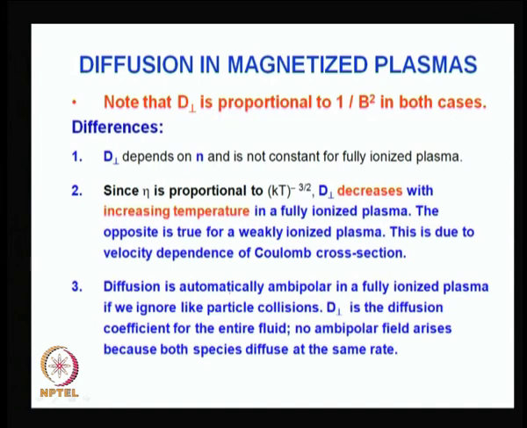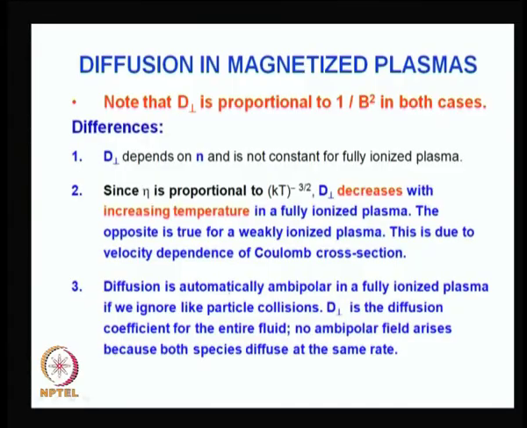Let us compare quickly the D perps in both cases. You will note that they are proportional to 1 upon B squared. So, as you increase the magnetic field, diffusion across the field is reduced. However, the difference is that for a fully ionized plasma, D perp is not constant, it depends on the density.